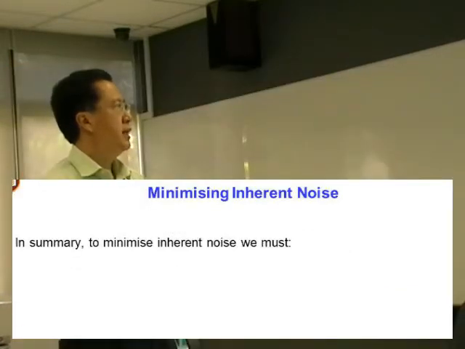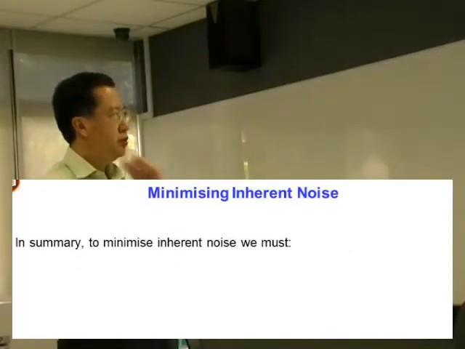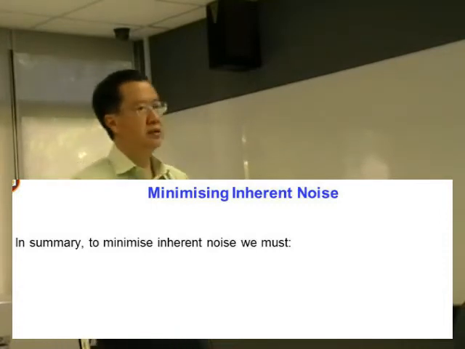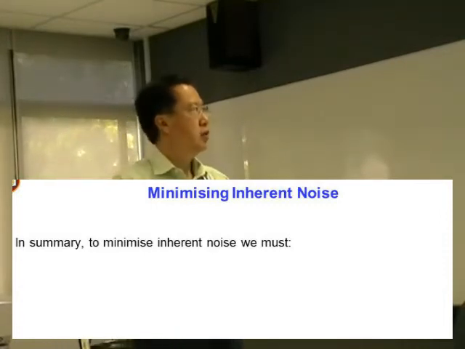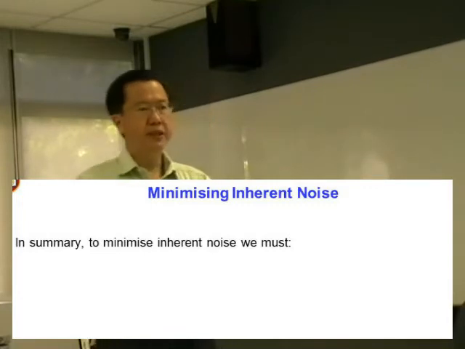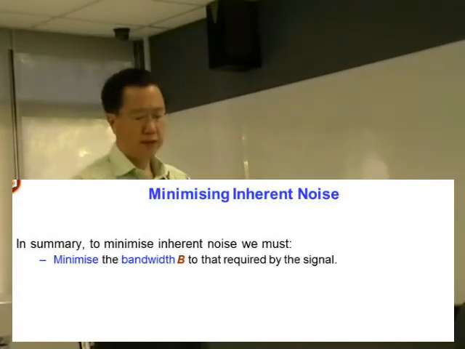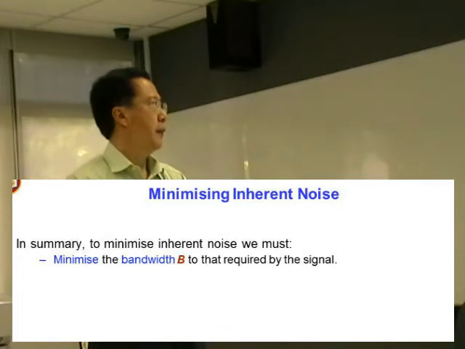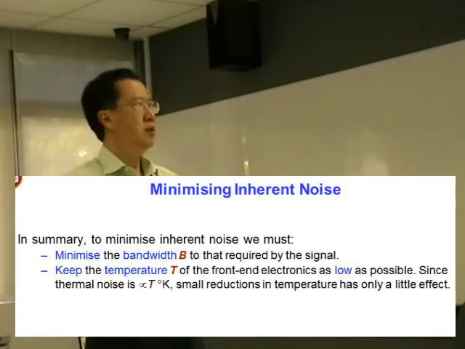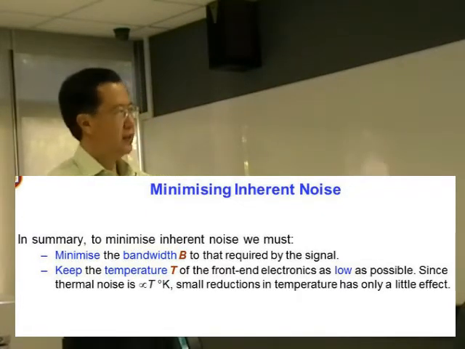So minimizing inherent noise. If you want to minimize the inherent noise or the device noise, then we want to minimize B, bandwidth B, because that's part of the formula. Then we want to keep the temperature as low as practical.